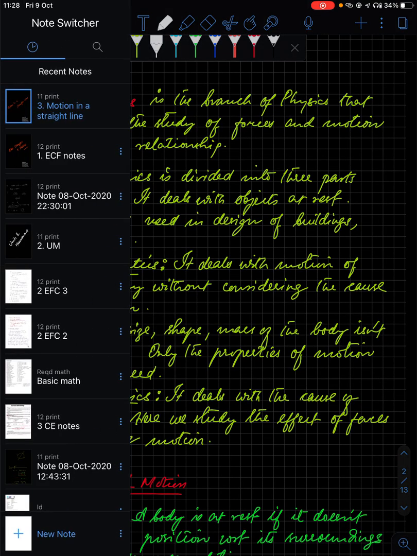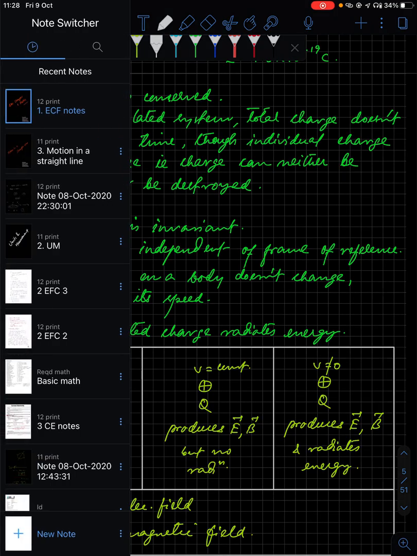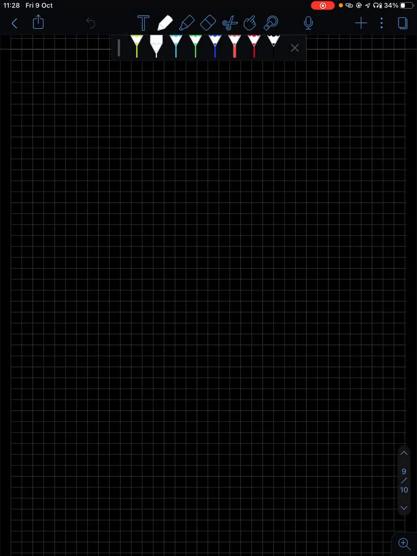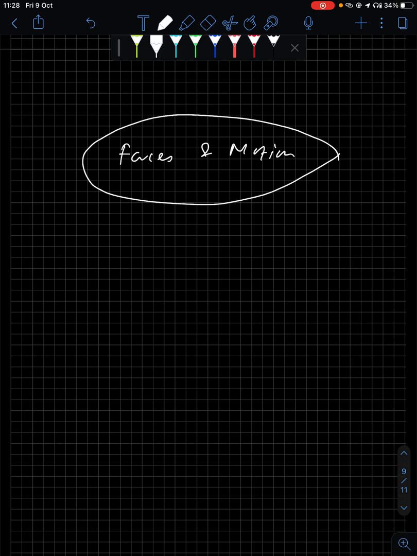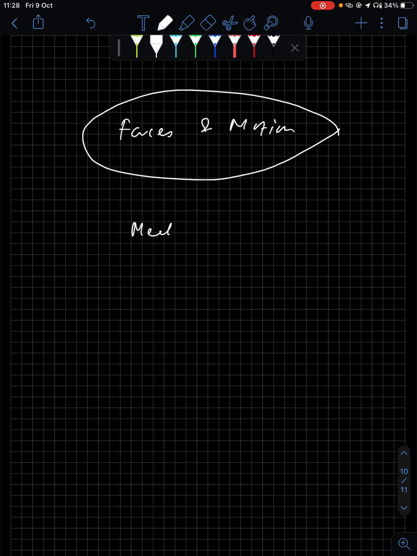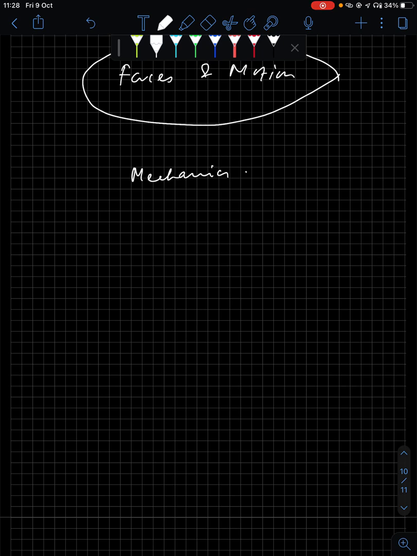Okay, so firstly you need to know what is mechanics. Mechanics is a branch of physics, right? Here you study about forces and motion, and the relationship between them. Now when you talk about mechanics, we have three divisions of mechanics.